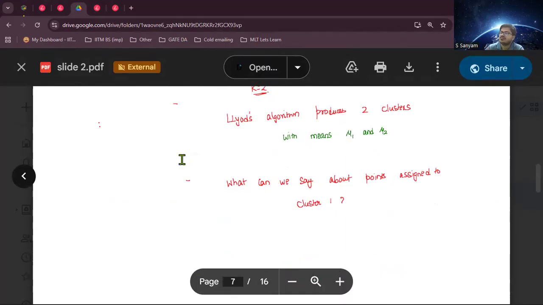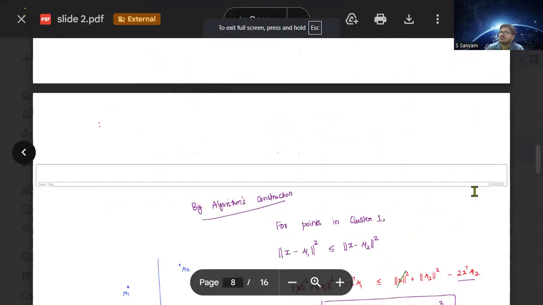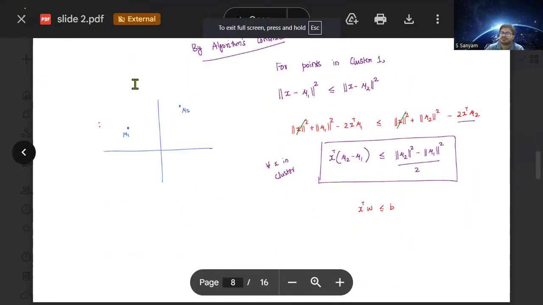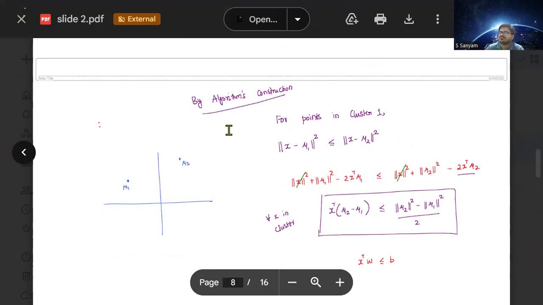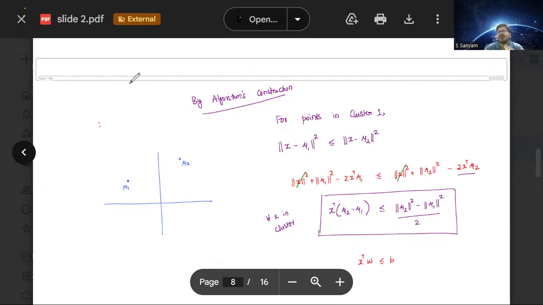I have discussed this. Now, the nature of clusters. Basically, for any data point, can you define a line between these two means, such that all the points in this direction will be points of this cluster, and all the points in this direction will be points of the other cluster associated with that mean?